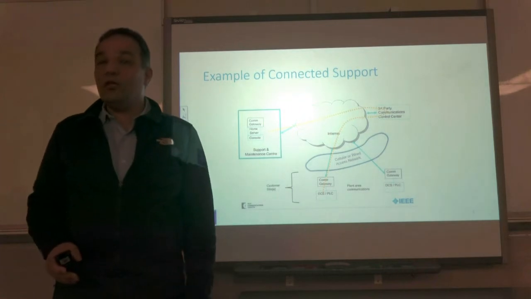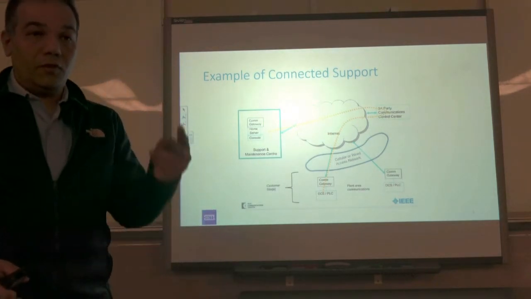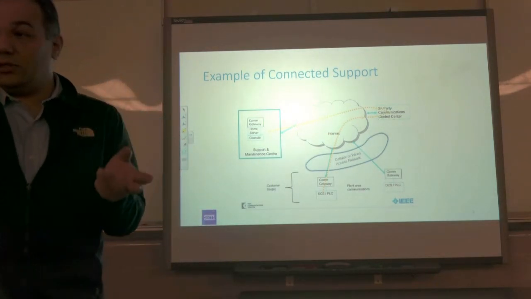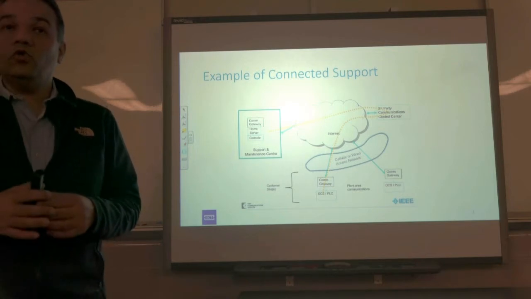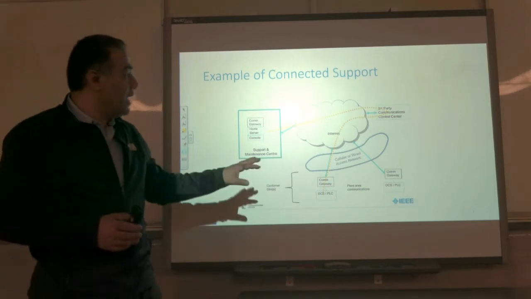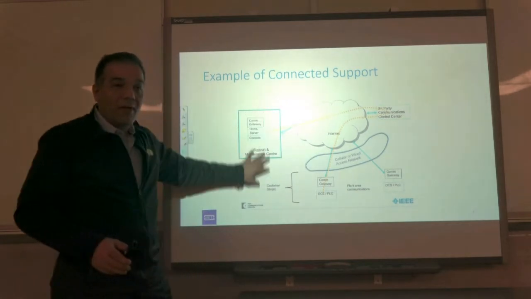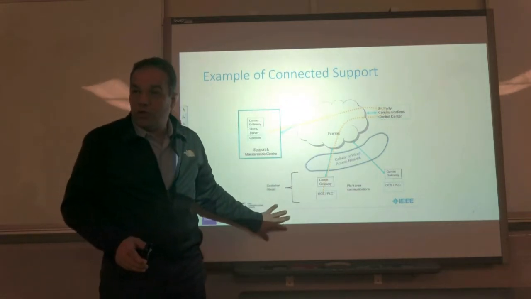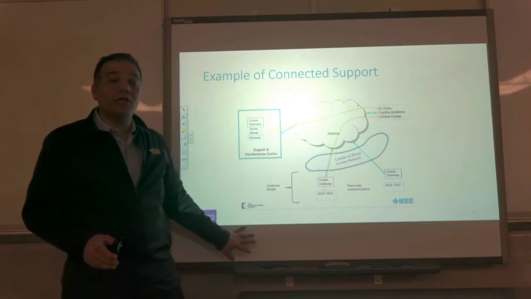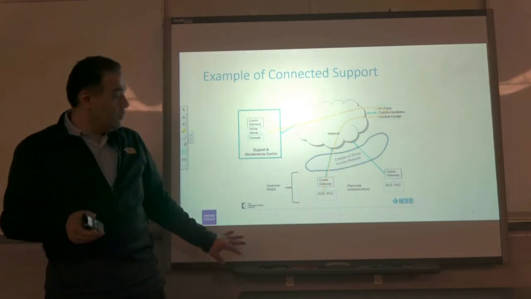In the cloud, what are we going to do with the data? 2 things. You're going to process it, and you could have actuation. Send back the orders to actuate something. We gave an example for a real-time application.